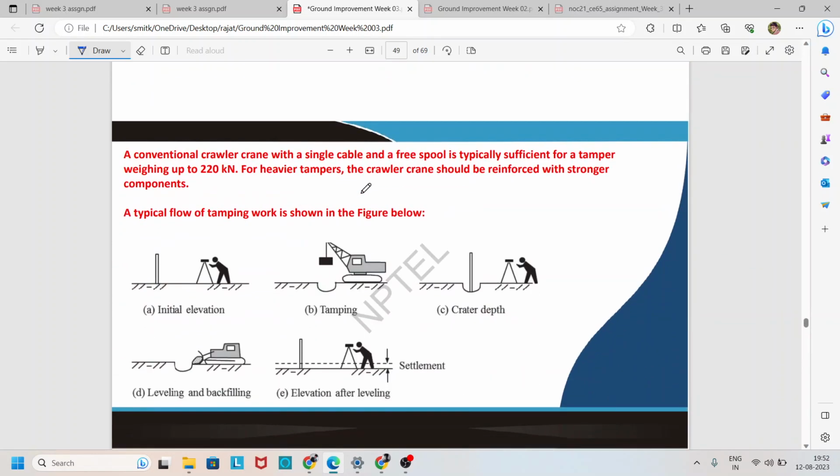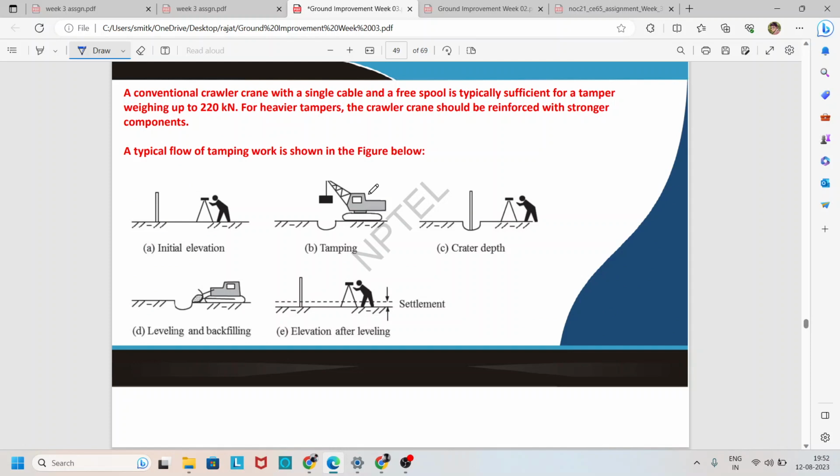So in this next slide, we discuss the procedure in a schematic diagram. We discuss the procedure of this technique. That means first we measure the initial level by leveling instrument, like we use in surveying.